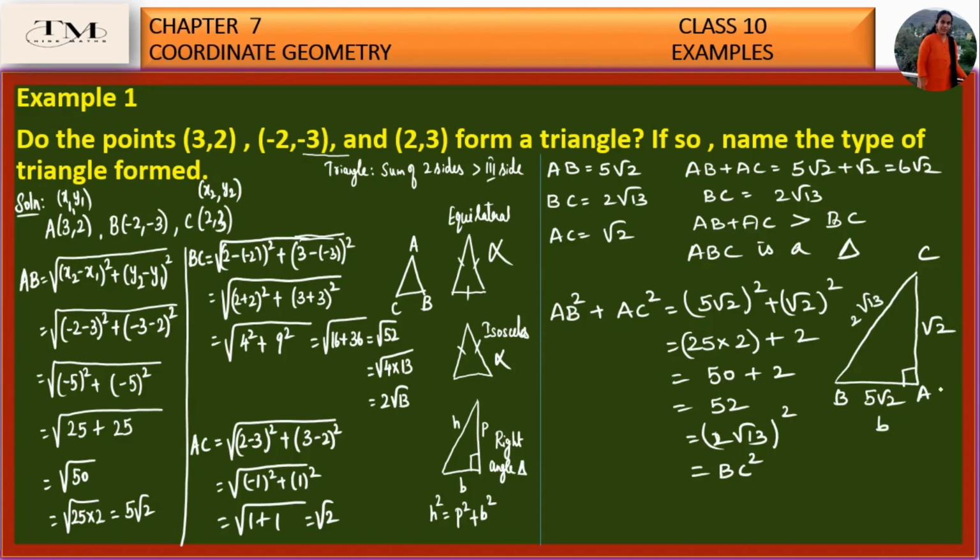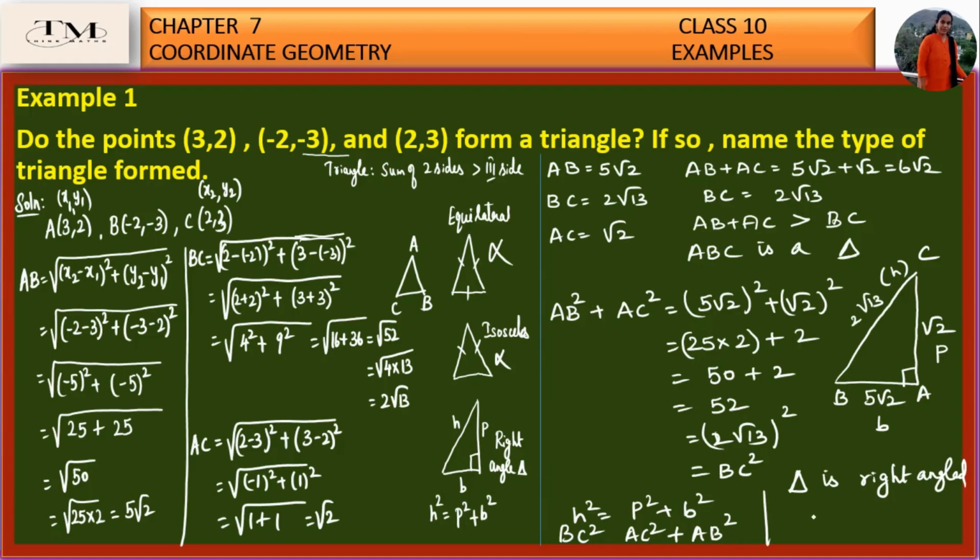So this is the base, this is the perpendicular, and this is the hypotenuse. So h square is BC square, equal to perpendicular square plus base square. Base is 5 root 2, which is AB, so AB square plus perpendicular AC square. So that means the triangle is right angled. So we get a right angled triangle.